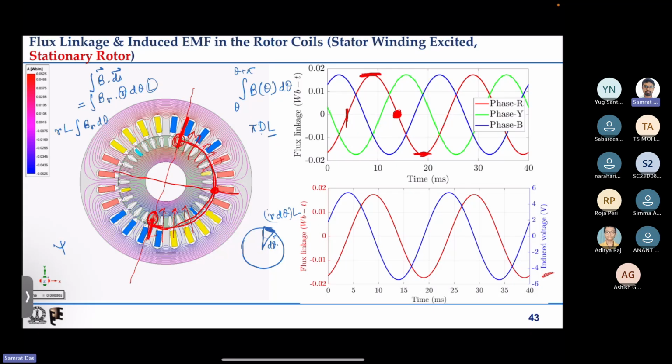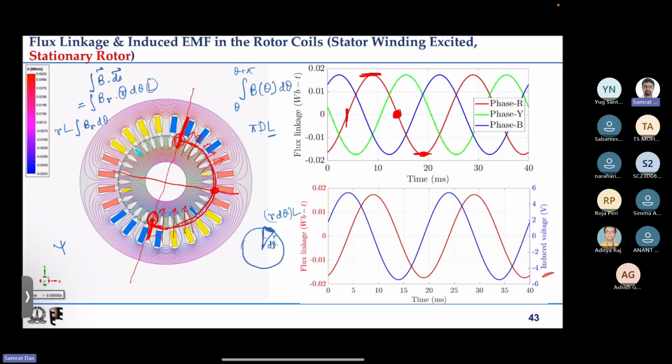And one important question that you can ask is, the B distribution that we saw had so many harmonics, so many notches and other things, but the flux linkage waveform seems so smooth. It is almost like a smooth sinusoid.